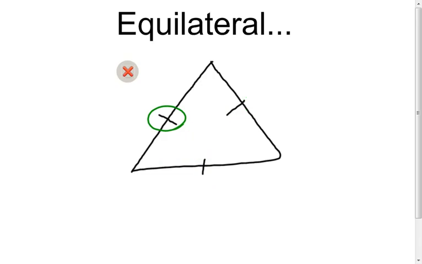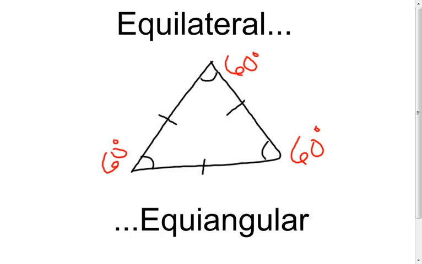So what I have in this picture, I'm going to get rid of all that, is not only is it equilateral, but it's also equiangular. Now that's going to conclude our lesson on isosceles triangles.